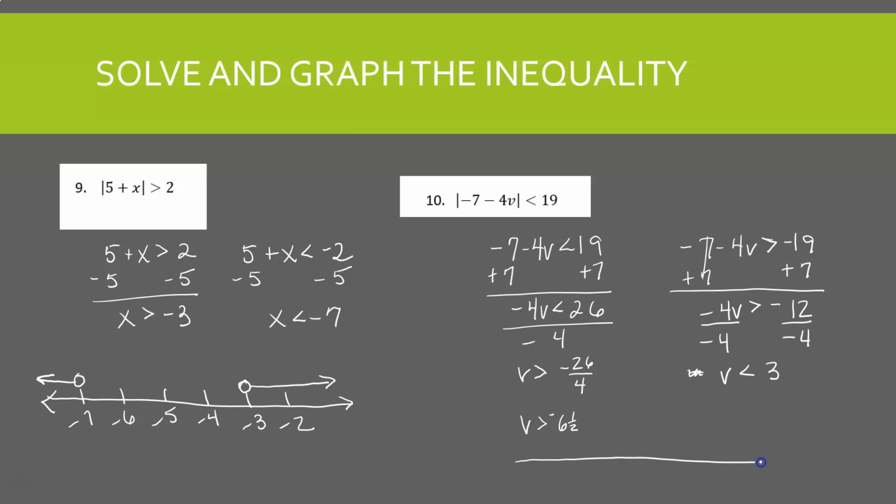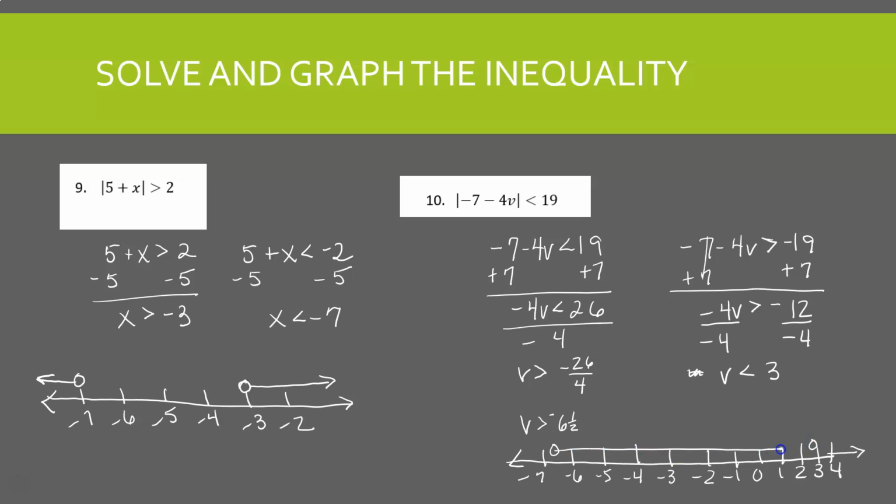Okay, so let's graph this puppy. So I have v is greater than negative 6.5, but it's less than 3.